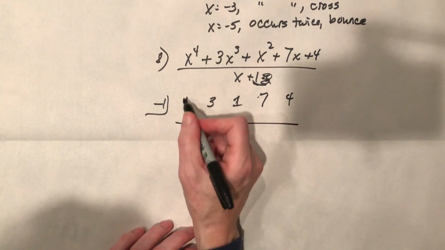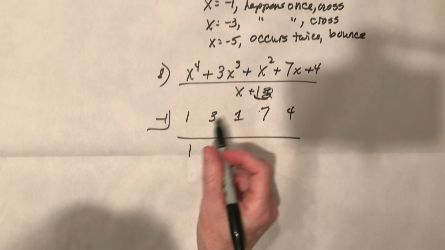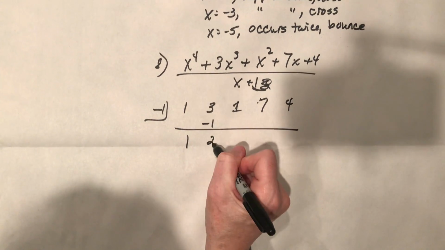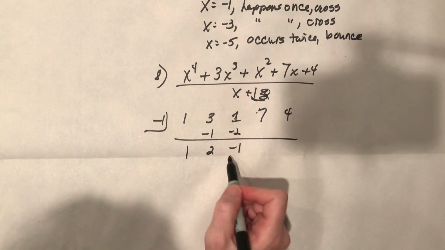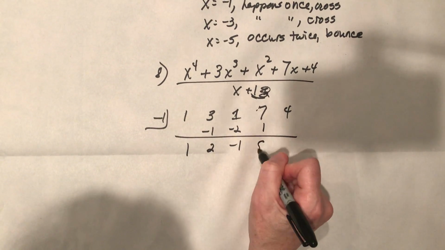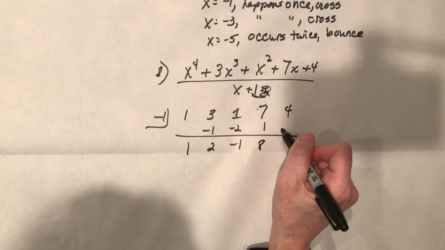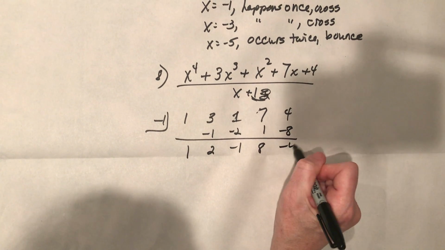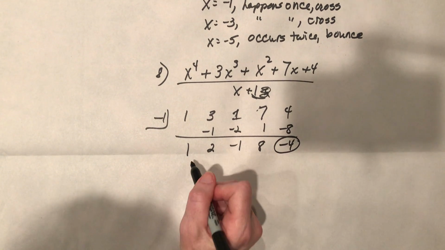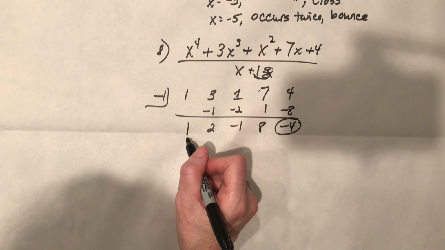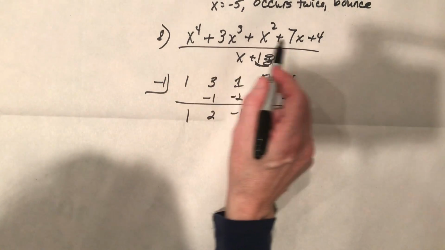Build your line there, bring this guy down, multiply, add together, multiply, add together, multiply, add together, and multiply and add together. So remember, this is going to be our remainder, and these guys will each be 1 degree lower than what we started with.